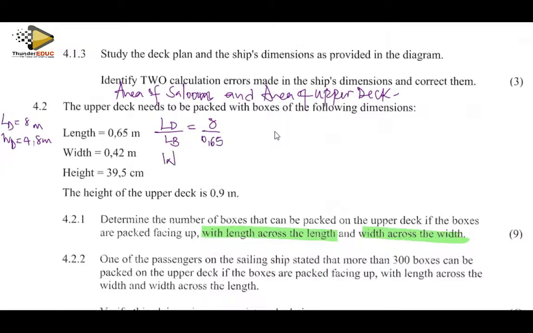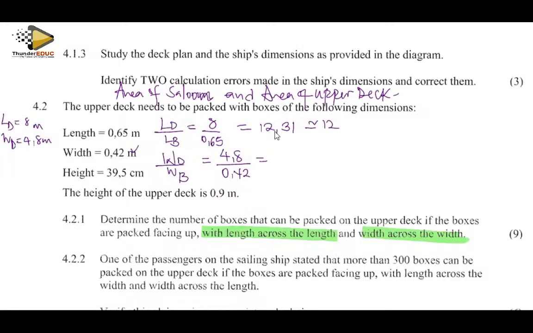Then the other one, the width of the deck divided by the width of the box, which is 4,8 divided by 0,42. So here we get the answer as 8 divided by 0,42, which is approximately 4 boxes.